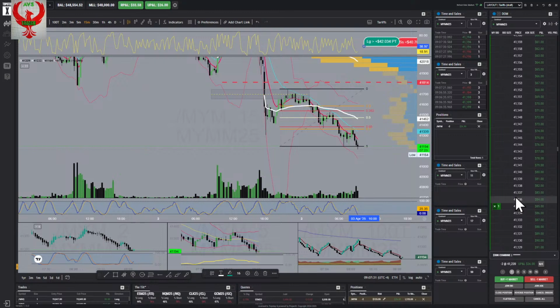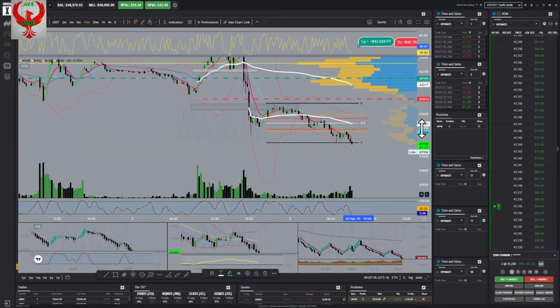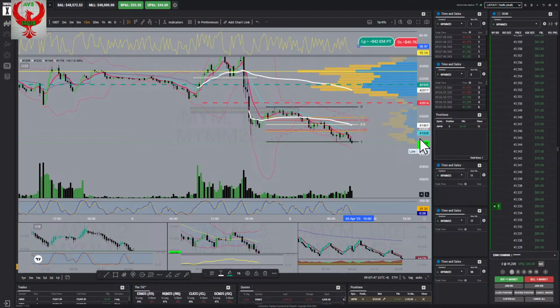Yeah, we have a little bit of a level here at 66.50. 66.50 seems to be some sort of level. I'm just seeing it as kind of developing a little bit of a demand zone there. Writing it down. 66.50. Demand zone.